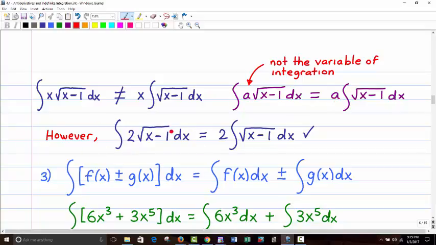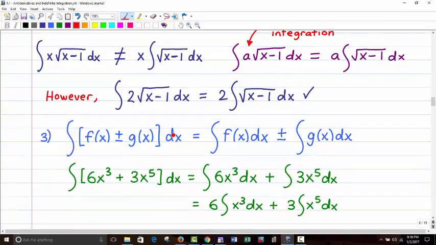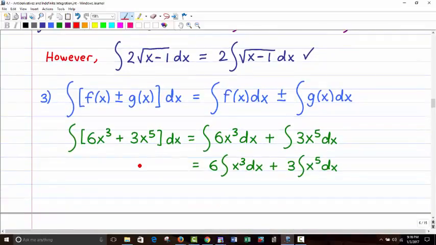And okay, here's another one here. Now this property is similar to a property of derivatives. If you have two or more functions added or subtracted together, it's not just two, it can be more, you split it up as two pieces, like so, and you can do them individually.